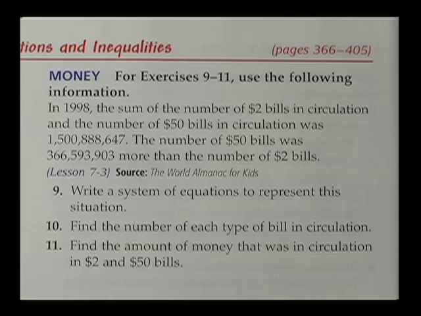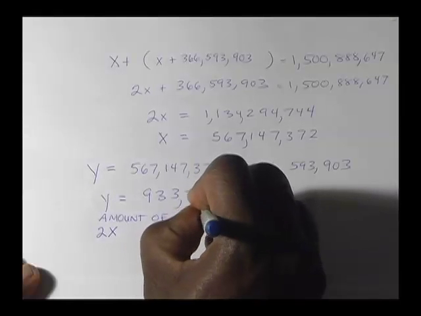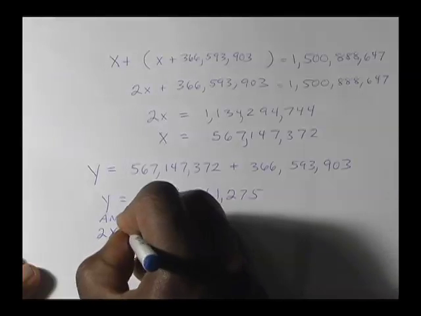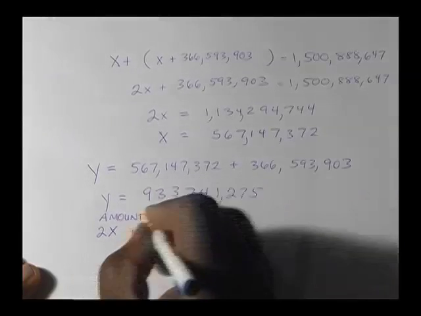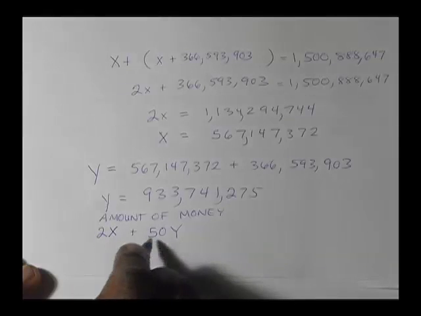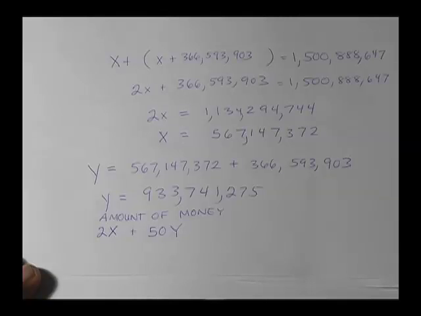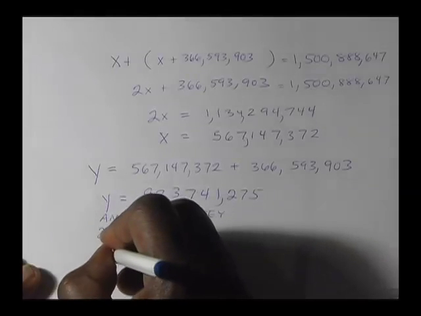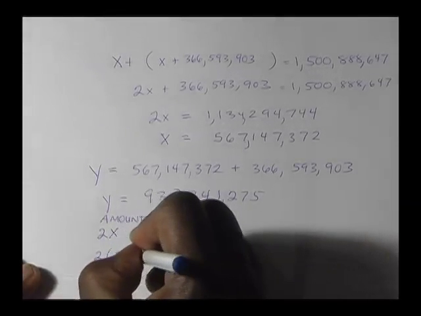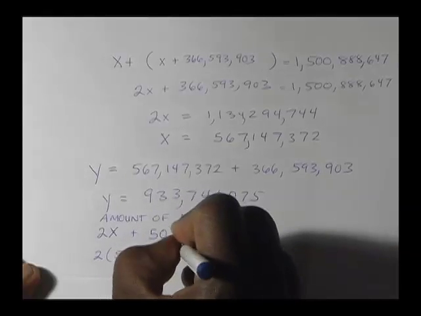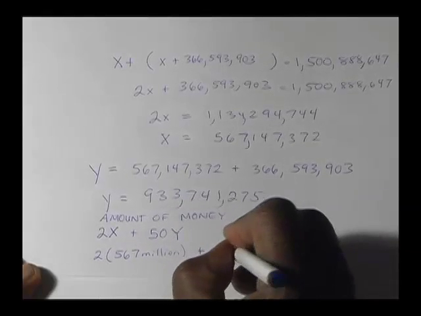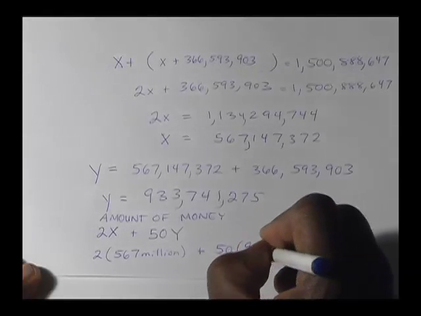Now, number 11, find the amount of money that was in circulation. The amount of money is 2 times x plus 50 times y, right? $2 for every $2 bill, $50 for every $50 bill. So 2 times that 567 million, let's abbreviate a little bit here, plus 50 times 933 million.